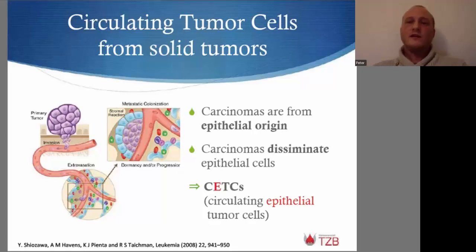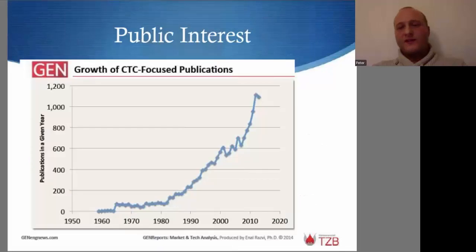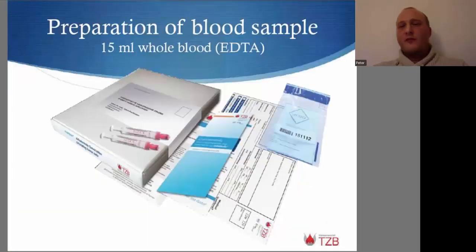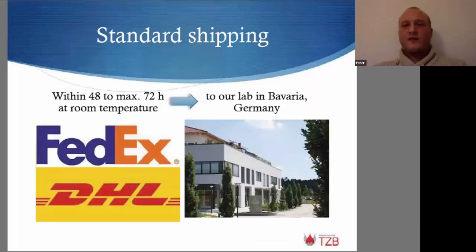Okay. So basically, there's an increasing interest in circulating tumor cells, like you can see here. This is the number of publications with CTC in the name. And now, how to use them. We have a preparation set with blood tubes with 15 milliliters of blood.